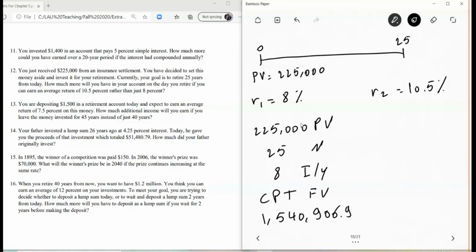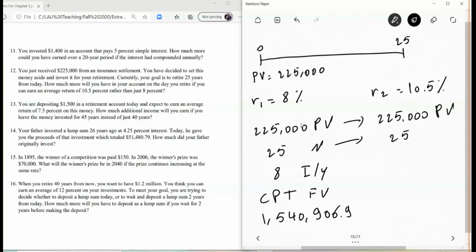Now, if I can earn 10.5%, those values are still the same. So I have 225,000 as PV, 25 as N. However, now I have 10.5 for IY, and I compute FV. The answer is 2,730,482.9.